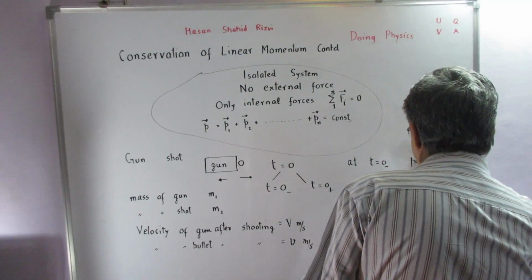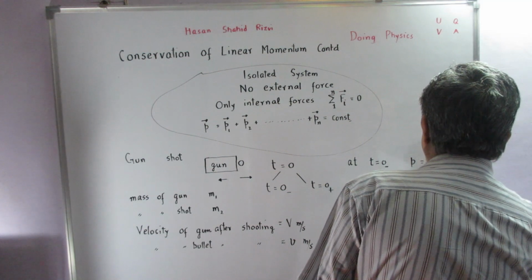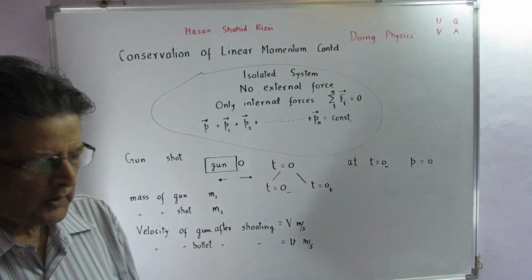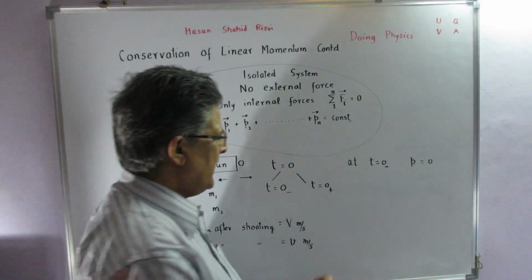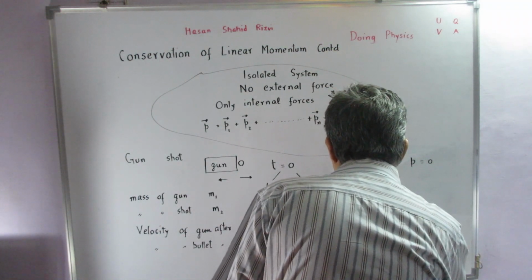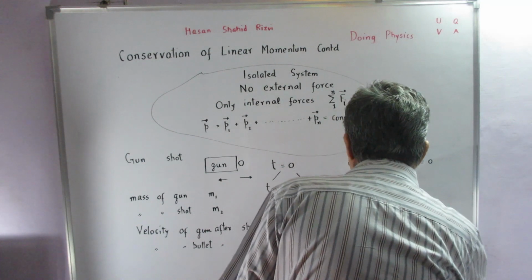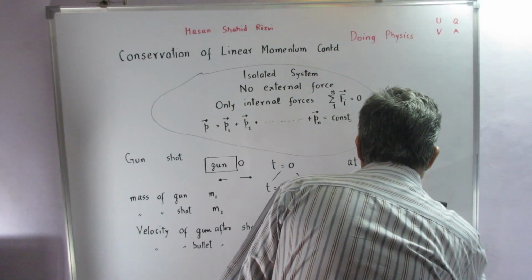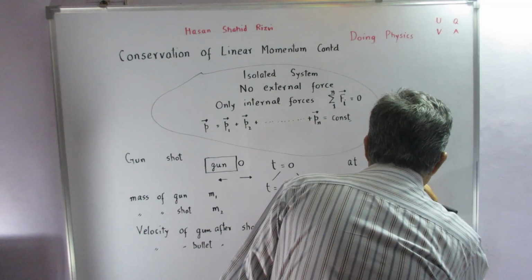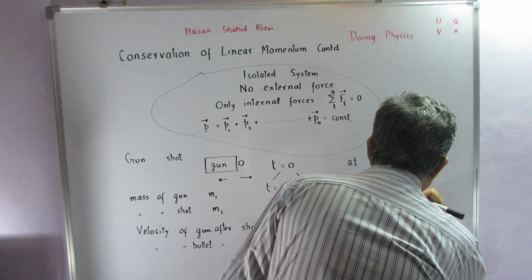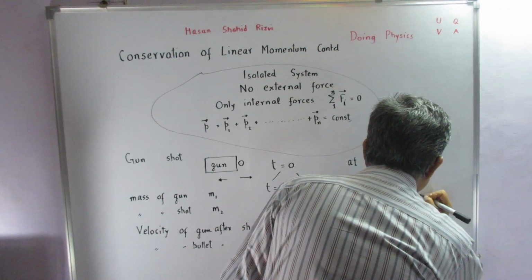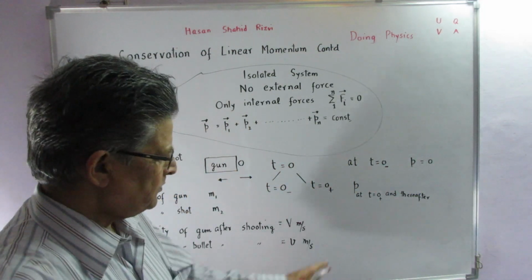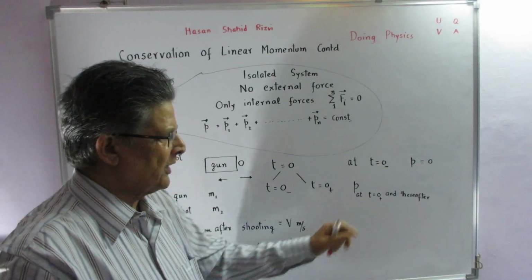So we can say the momentum of the system at that instant of time is equal to 0. And the momentum of the system P at t equal to 0 plus and thereafter, assuming that there is no air resistance thereafter.